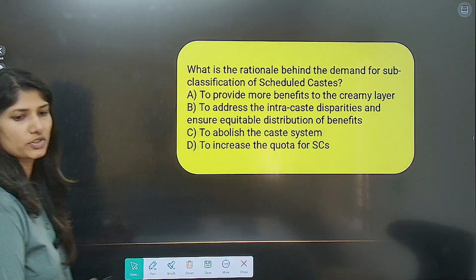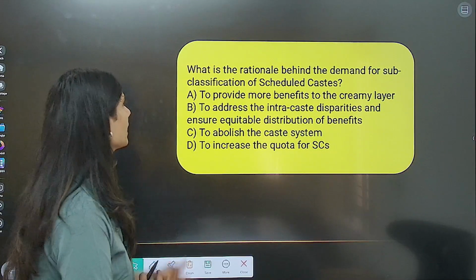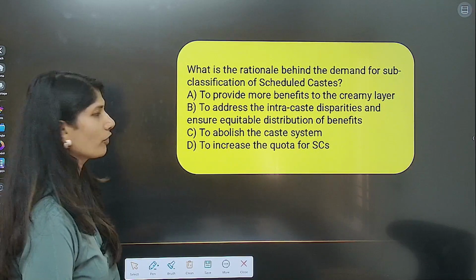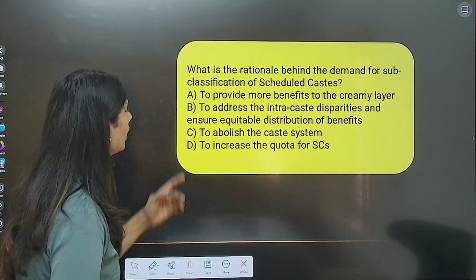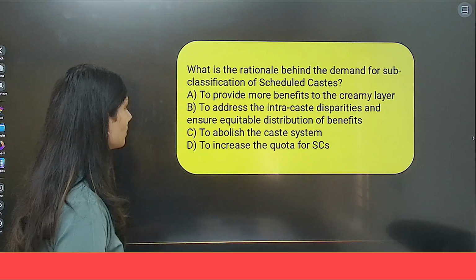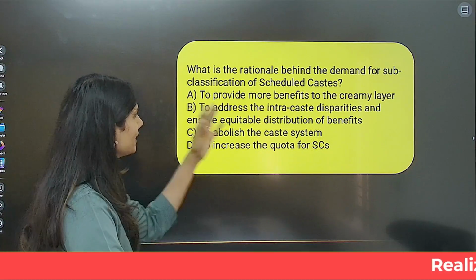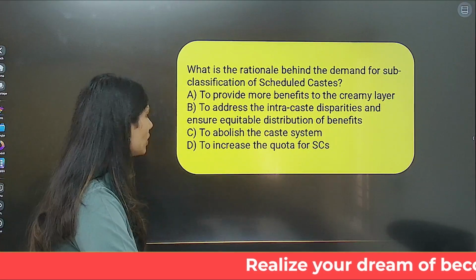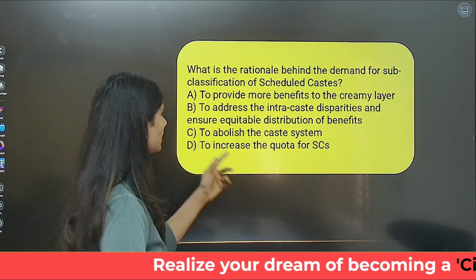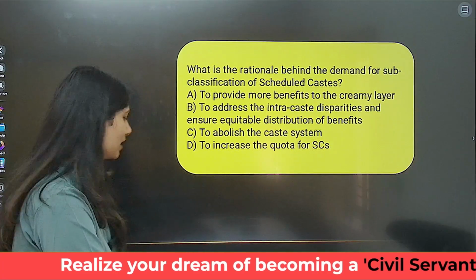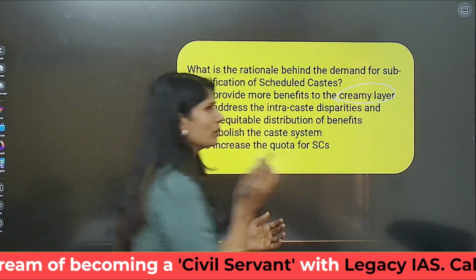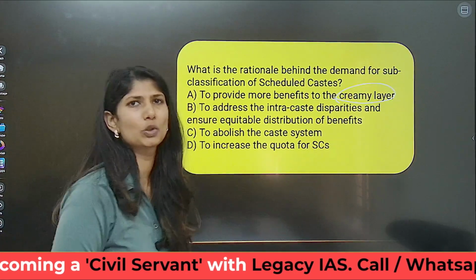Let's look at some questions with regard to this topic. What is the rationale behind the demand for subclassification of Scheduled Caste? To provide more benefits to the creamy layer, to address the intra-caste disparities and ensure equitable distribution of benefits, to abolish the caste system, or to increase the quotas for SCs. Again, provide more benefits to the creamy layer: the whole point of creamy layer is you provide them no benefits.